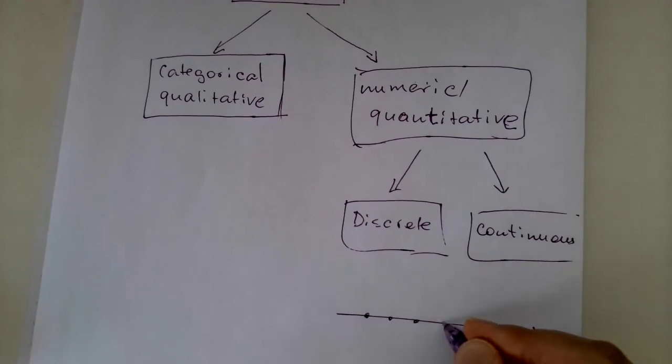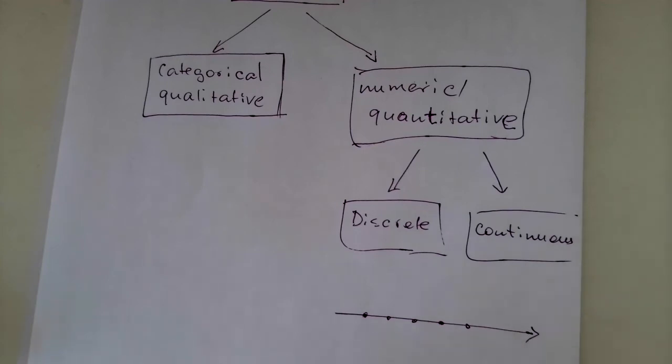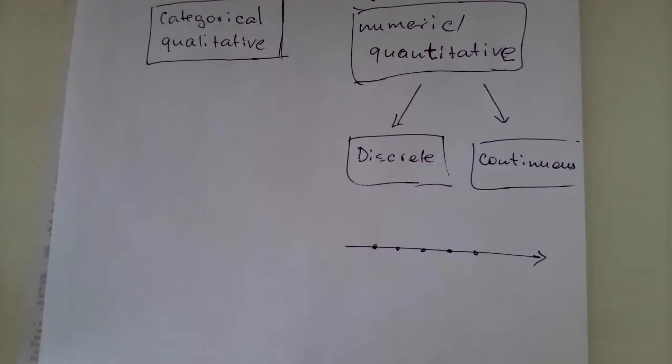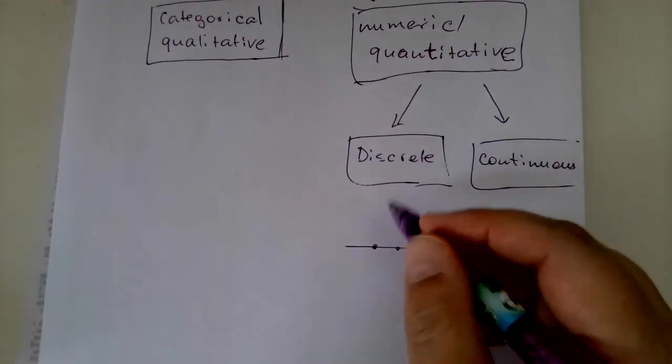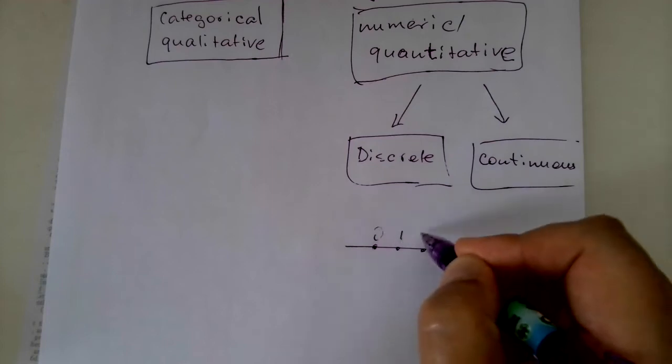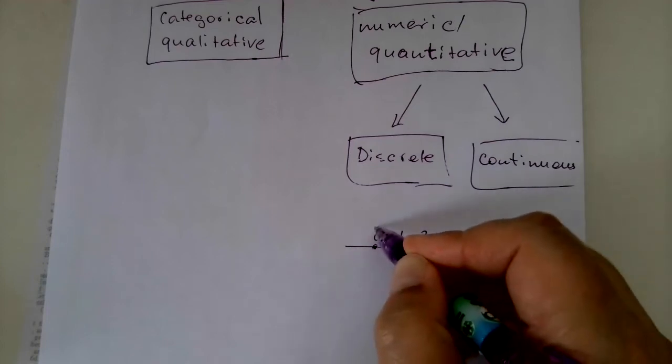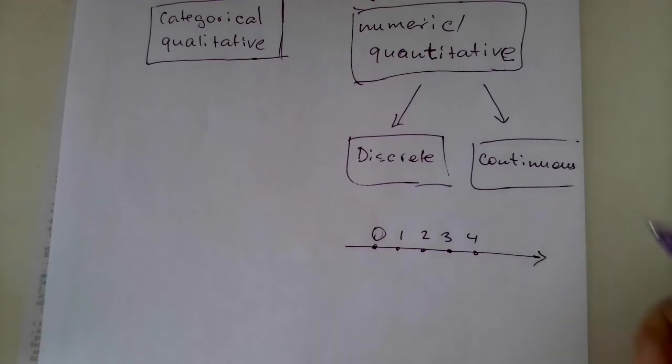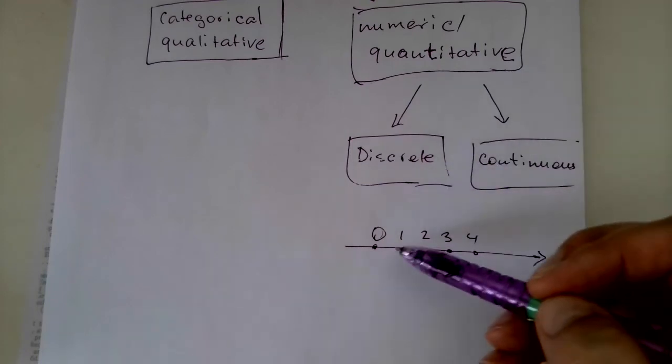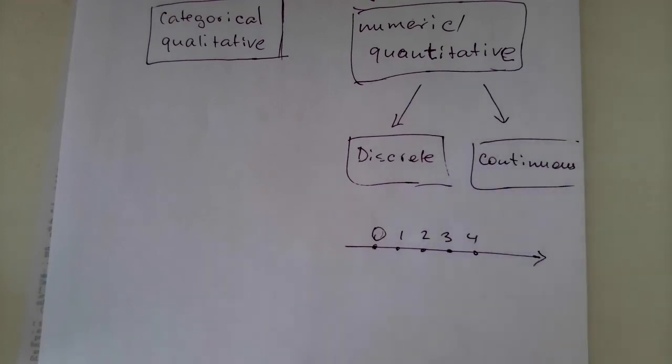So for example, when we count the number of cars each household possesses, we're going to have numbers 0, 1, 2, 3, 4. So counting numbers, right? We're not going to have any number like 1.75. We're not going to have fractions or decimals for that specific variable.